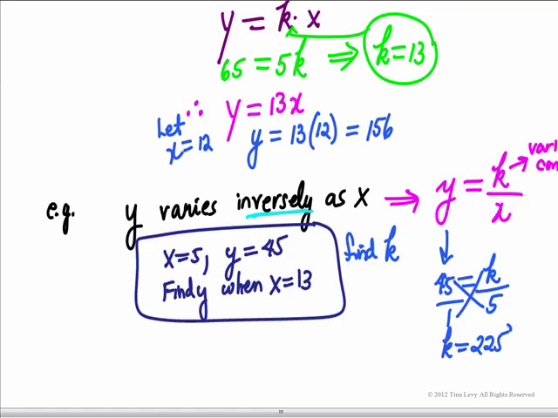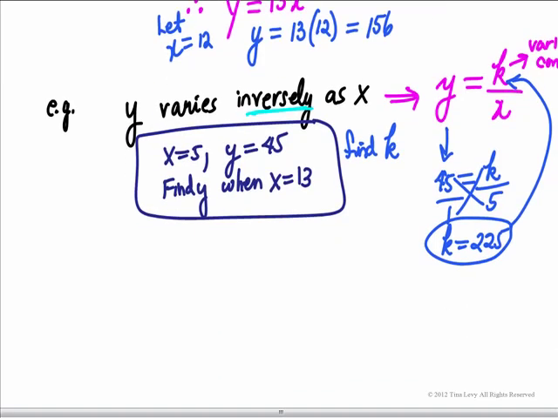Now that I have the k value, I am just going to replace it in the inverse variation formula. For this situation, I now know that y is 225 divided by x. That's the formula that goes with this inverse variation situation.